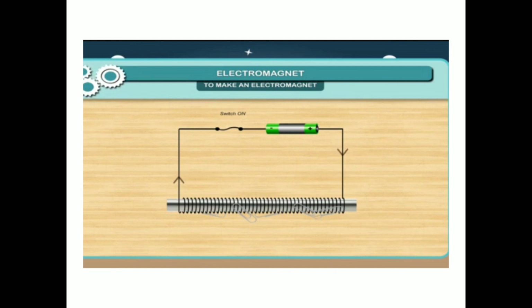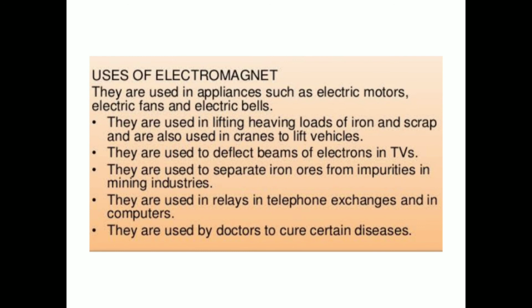Even if it is not having any magnet, it is going to show the magnetic field, and it is going to attract the iron filings. It is showing the property of a magnet, right? So this is how the electromagnet works. Now let us see the uses of this electromagnet. You can use the electromagnet in various appliances like electric motors, electric fans, electric bells.